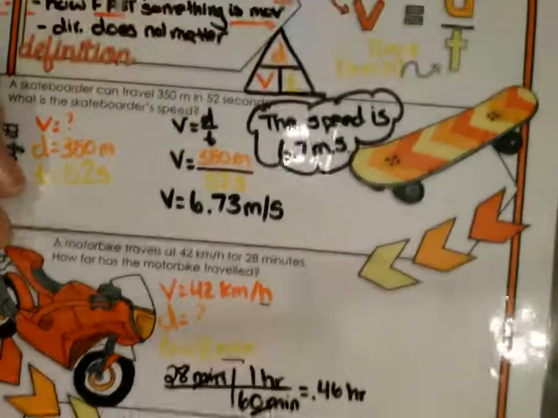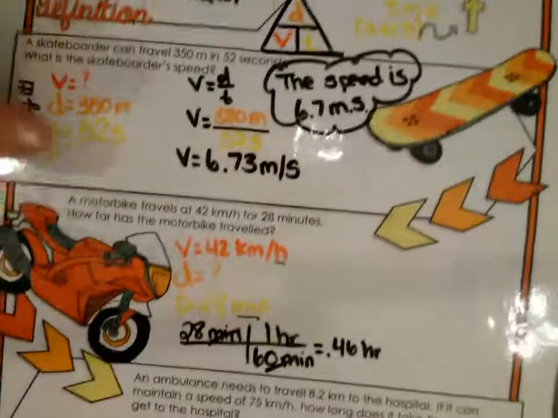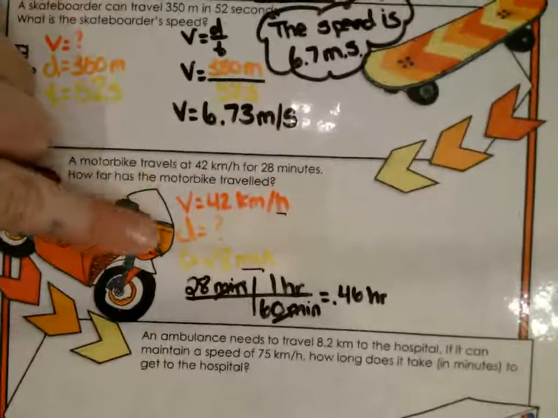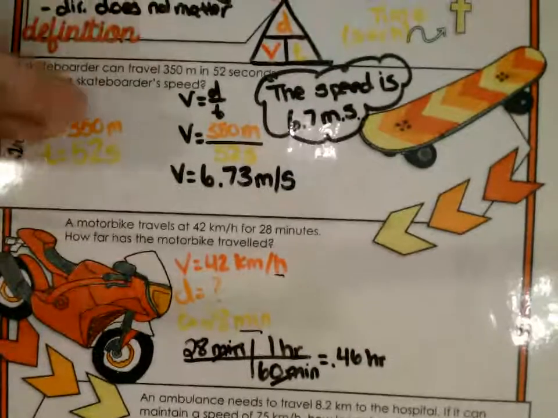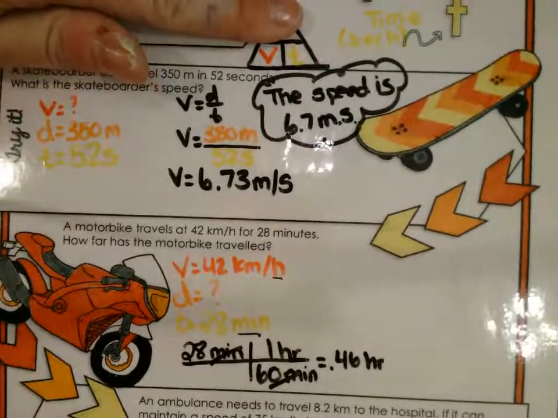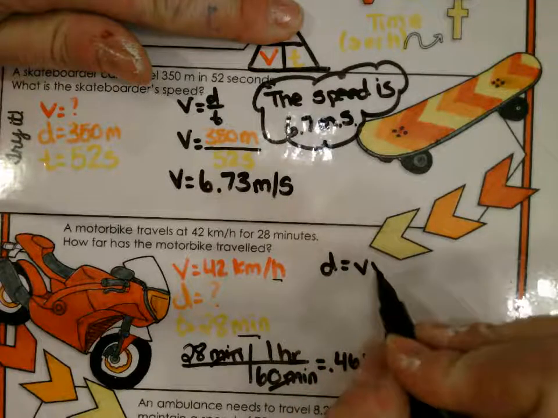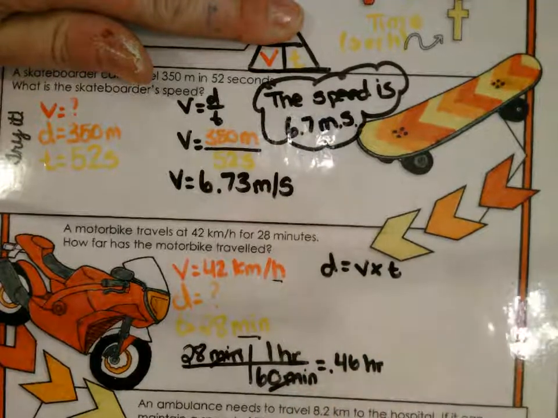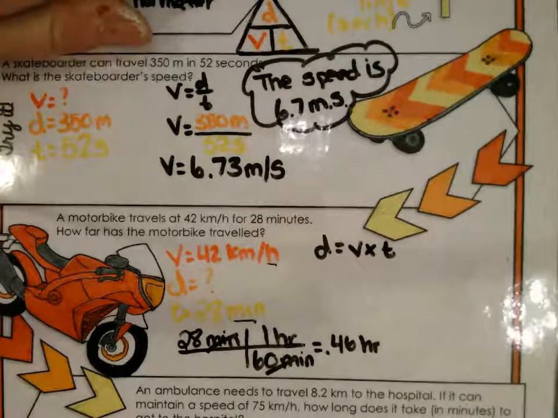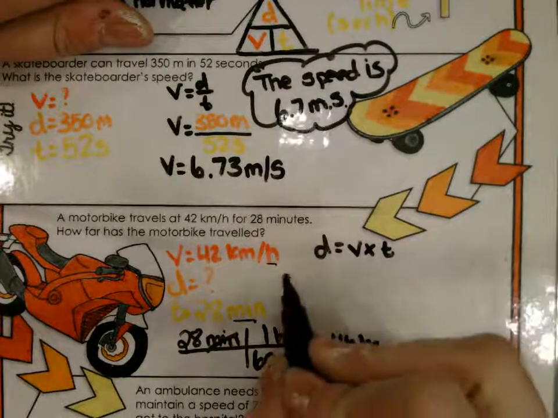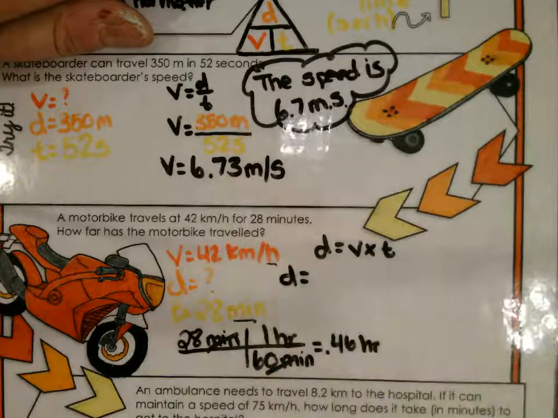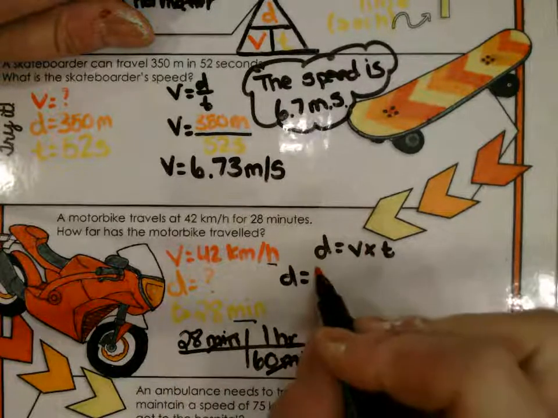All right, so now let's go back up here and let's decide what we need. We know velocity, we know time, we're looking for distance, so I'm going to cover up the D. So distance is equal to velocity times time. All right, so let's plug in what we know. Our distance is equal to, our velocity was 42 kilometers per hour.